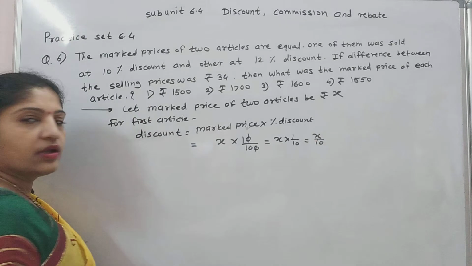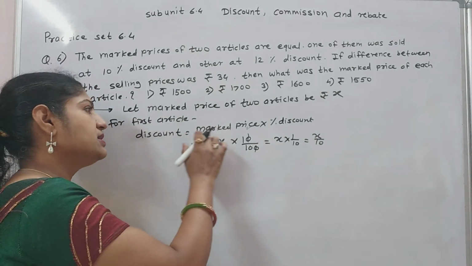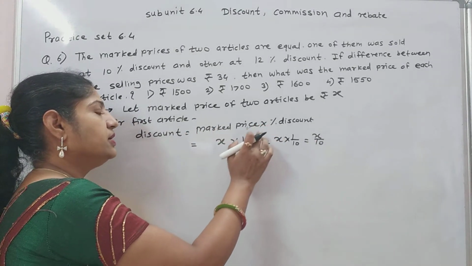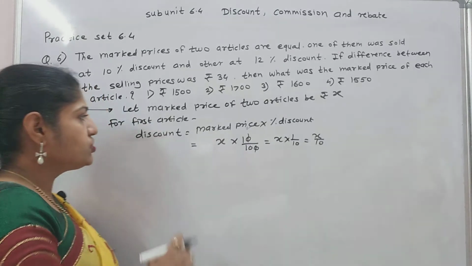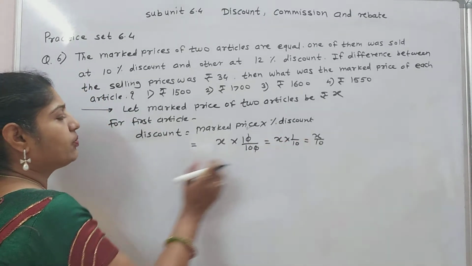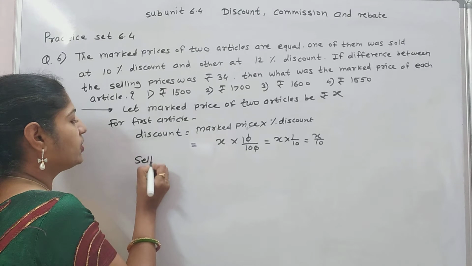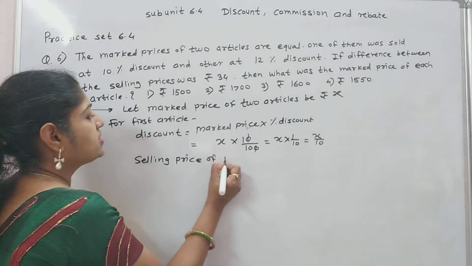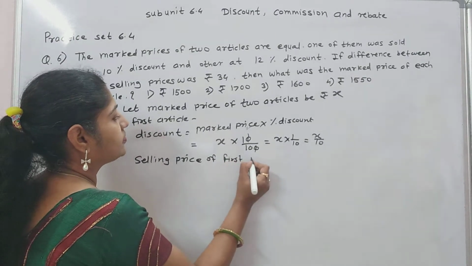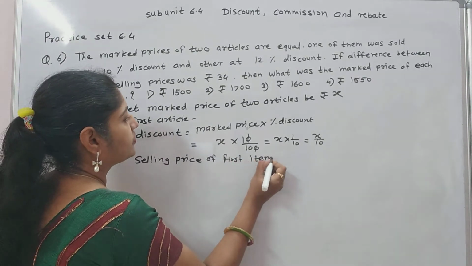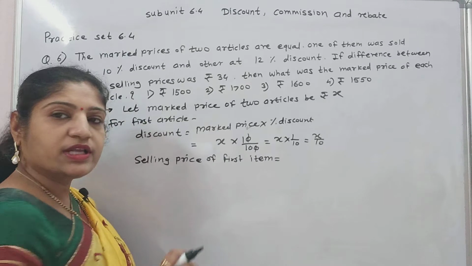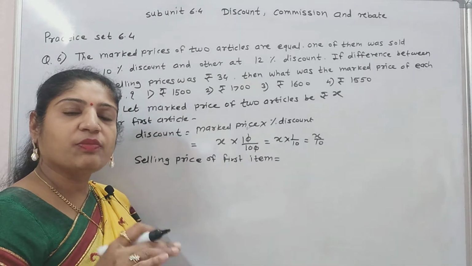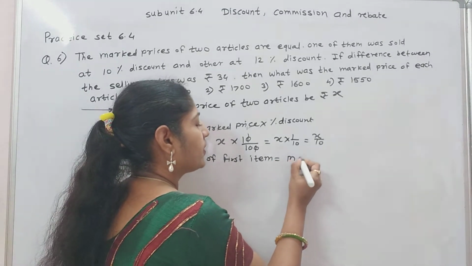First article is sold at the discount of 10%. So discount equals X upon 10. Now find the selling price of the first article. Selling price is mark price minus discount.